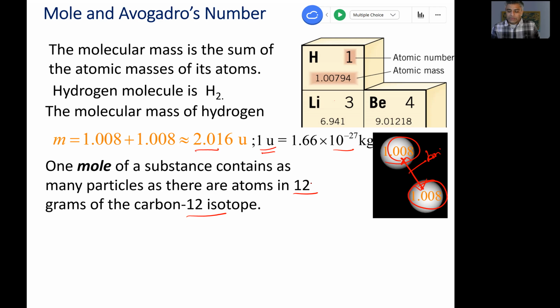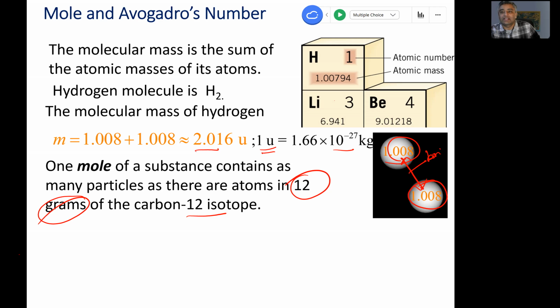We take that element and weigh exactly 12 grams of that carbon. Then we go back and count how many atoms are there in 12 grams of carbon. Oh, a lot of them. To count them directly, you would need a microscope to tell one atom from another, so it's very impractical.